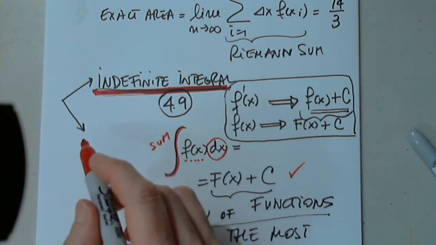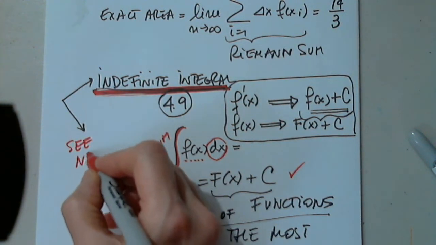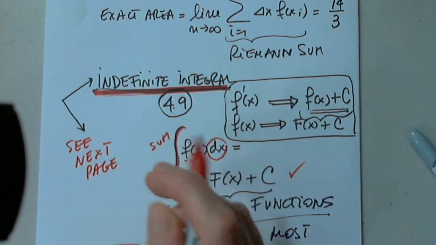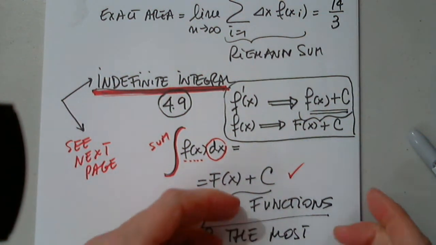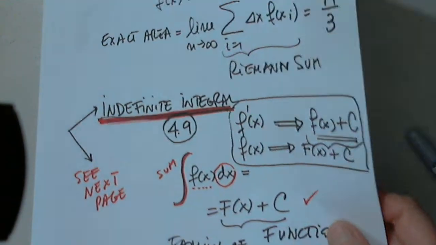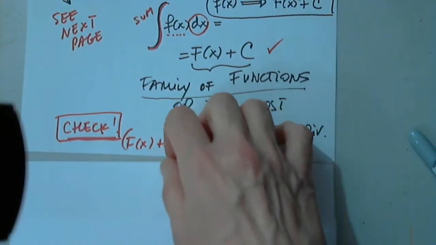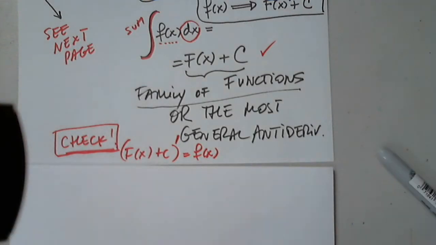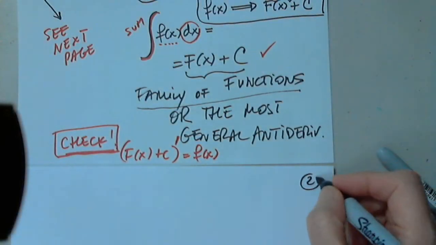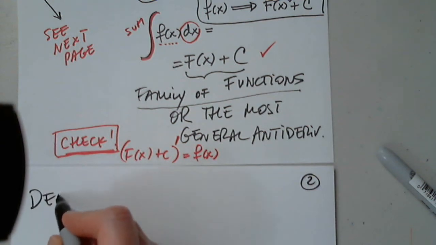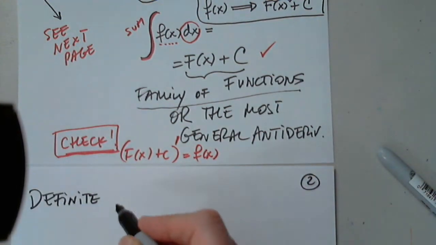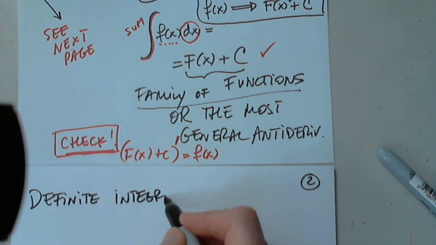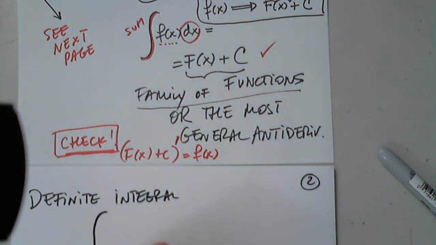Now the second one, see next page. So now we're going to talk about the definite integral. Stop me if you have questions, please. So the second one is the definite integral. It is still a sum, but from a to b, it's definite.